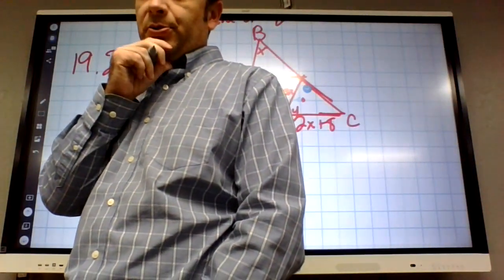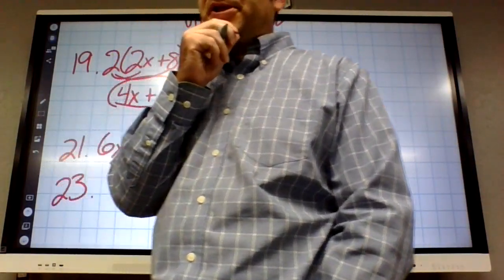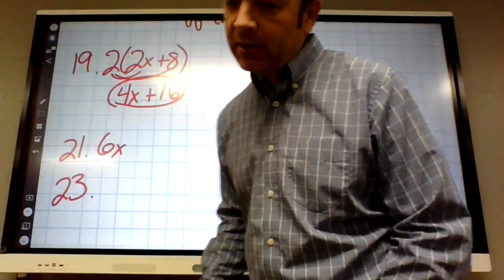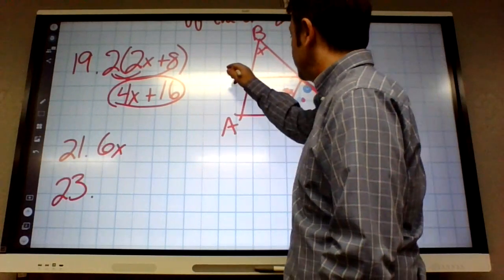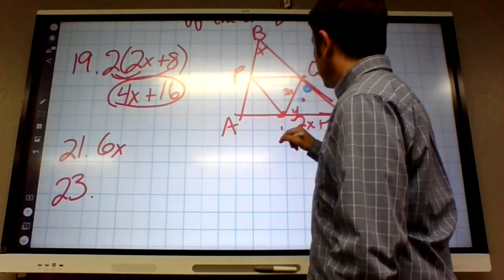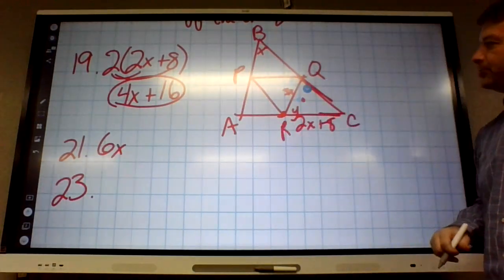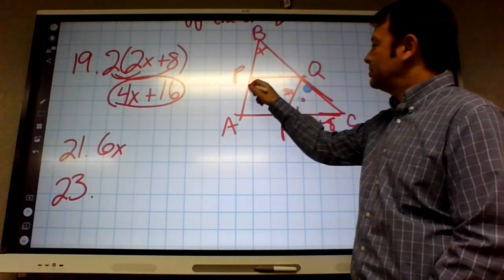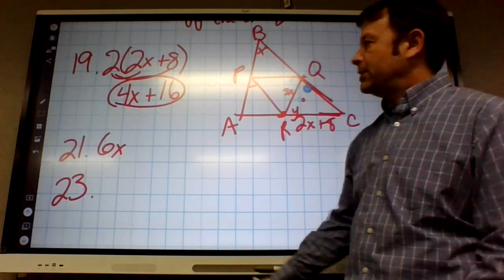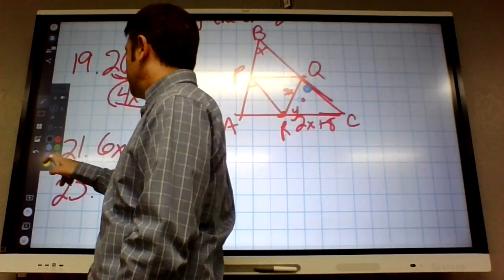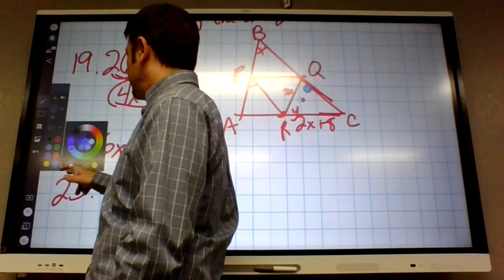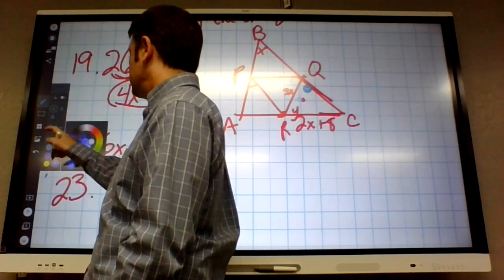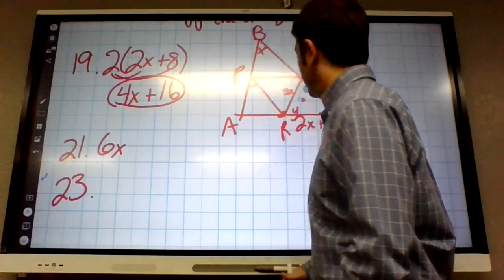Okay, 23, angle this time. Angle APR. I didn't write those in there. You guys see angle APR in the picture? Yeah, it's right there. Now what else do we know about mid-segments besides they're half the length? They're parallel.